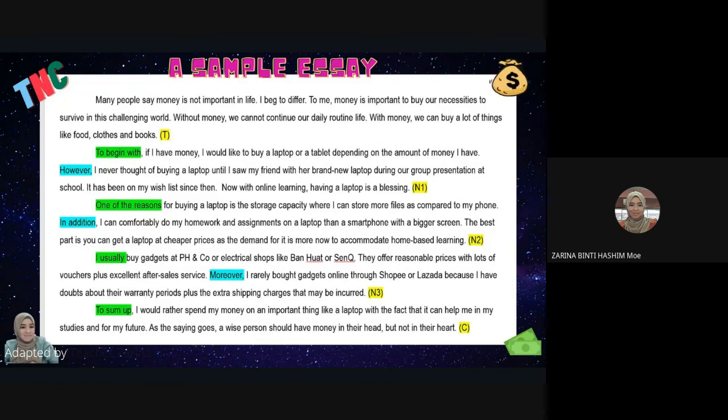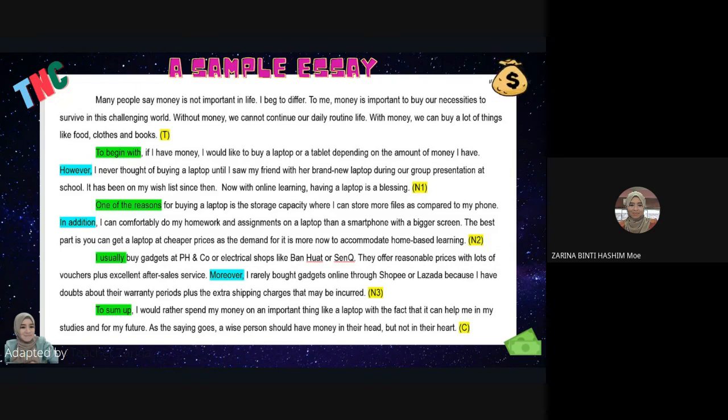Let's say your mistakes are not very severe, we can still understand most of the sentences, most of the ideas, then maybe you get 3 or 4. If there are too many errors and the meaning is lost, then you get either 2 or 1. That's how we mark. So we don't say spelling 1 mark. We will do it in general from the beginning to the end of your essay.